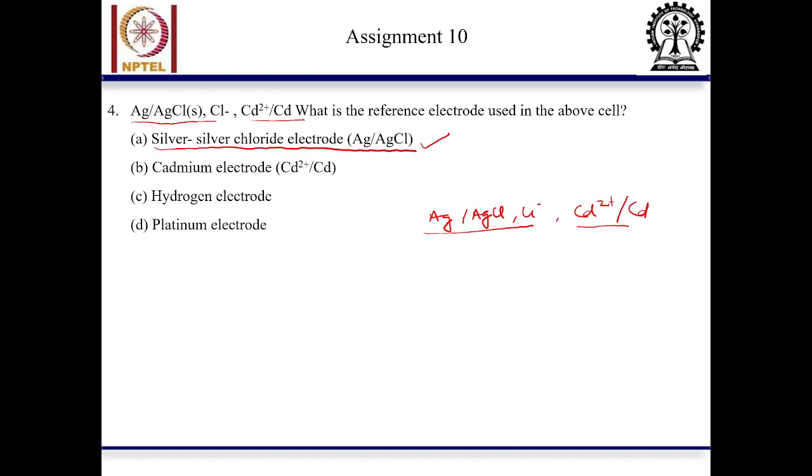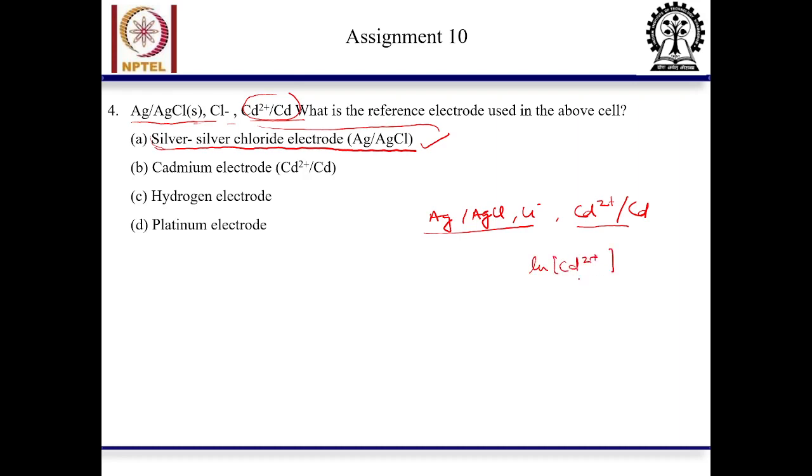So on the right hand side, basically your cadmium 2 plus is reduced to cadmium metal. So your reference electrode is the silver electrode, because this potential will depend on the ln Cd2 plus concentration.